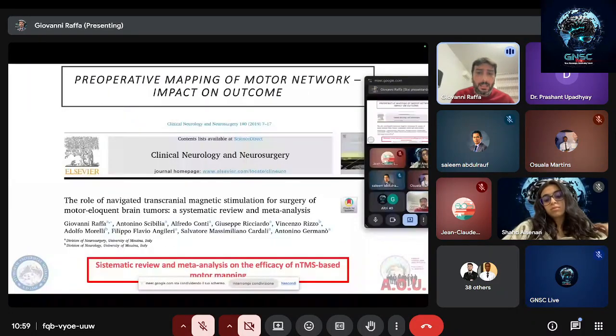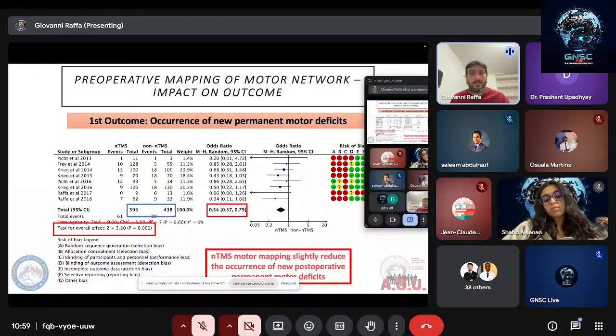And this is another systematic review that we performed a few years ago, in which we found that, in the end, the literature demonstrates that NTMS motor mapping reduced the occurrence of new postoperative permanent motor deficits as compared to surgery without using NTMS preoperative mapping.